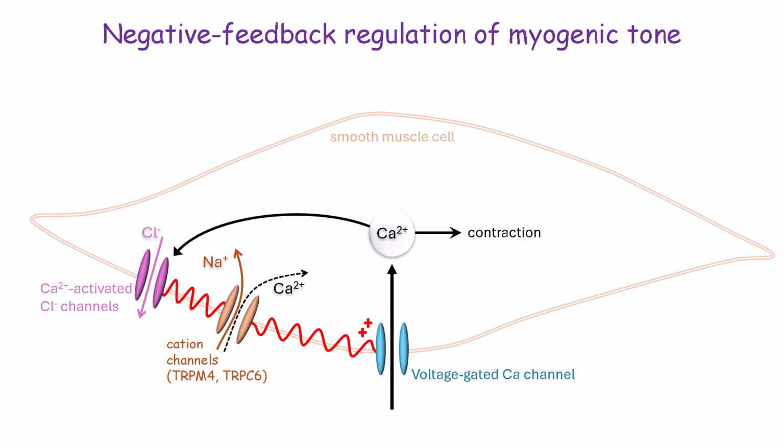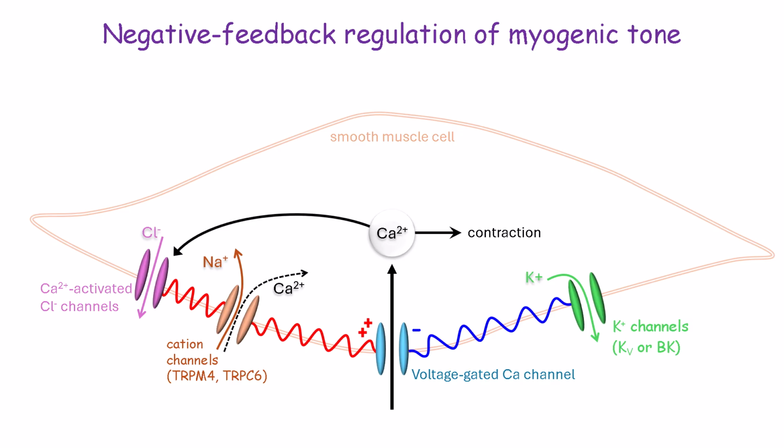Membrane depolarization also activates voltage-gated and calcium-activated potassium channels. When these channels open, potassium ions flow out of the cell down their electrochemical gradient. That promotes membrane hyperpolarization and opposes the depolarization, thus promoting closure of voltage-gated calcium channels. This limits the amount of tone that can develop.